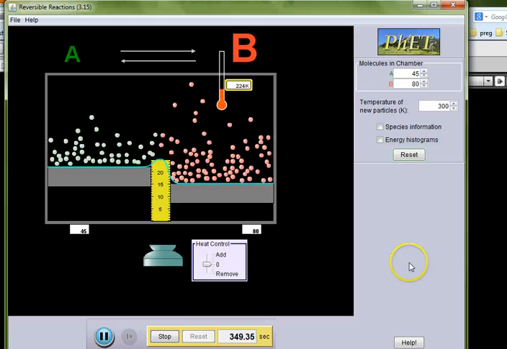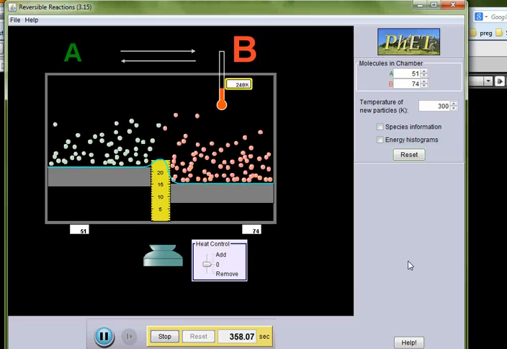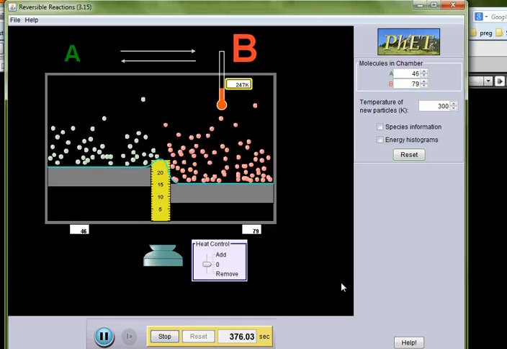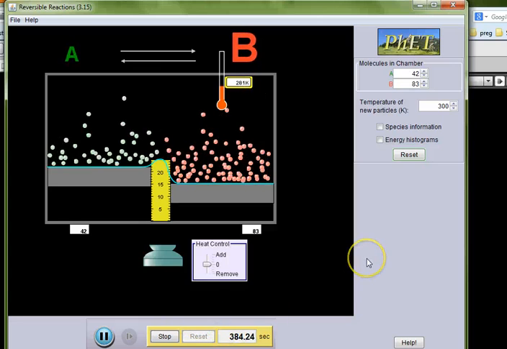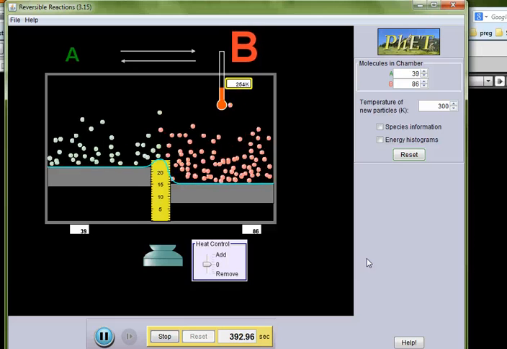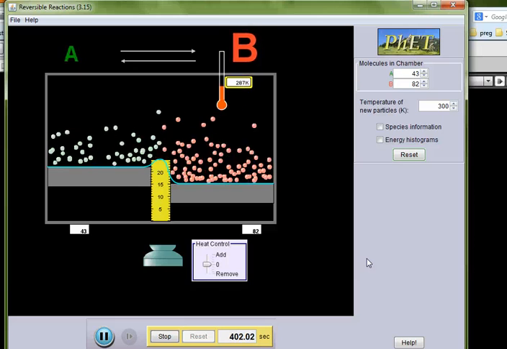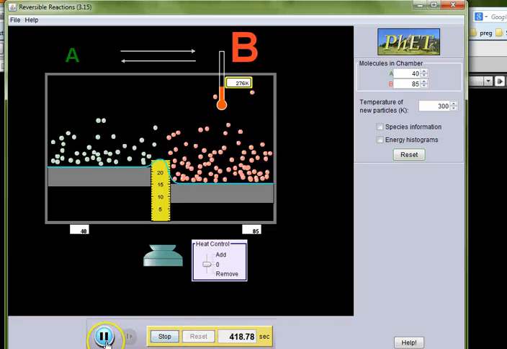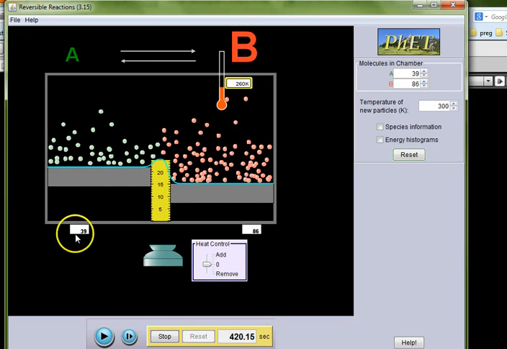Just let it go for a few more seconds. Okay, so stop. That's about 2 at this stage, a little bit off, but it's about 2.